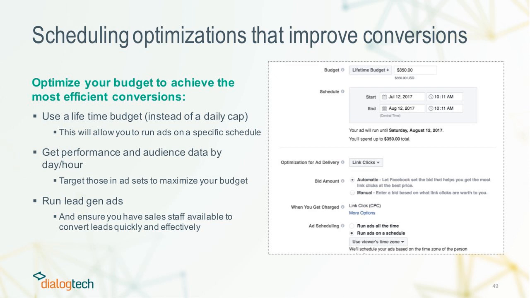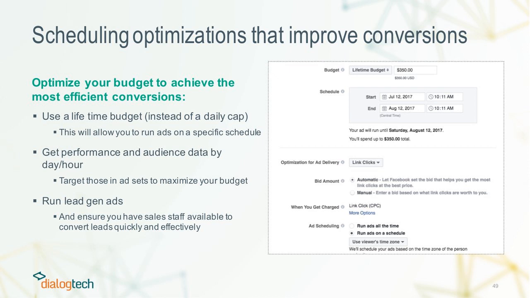If you use a lifetime budget, it's going to allow you to run ads on a very specific schedule. This is really important, I would say, for lead gen ads specifically, because if you have a salesperson follow up with these ads, you want to make sure you have a salesperson on staff.